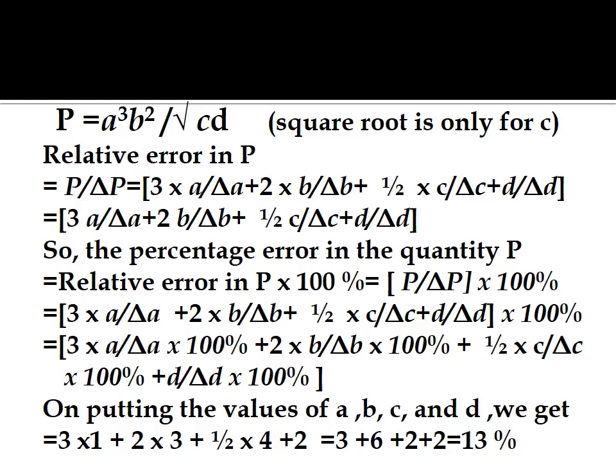On putting the values of A, B, C and D, we get 3 into 1 plus 2 into 3 plus 1 by 2 into 4 plus 2 is equal to 3 plus 6 plus 2 plus 2 is equal to 13%.